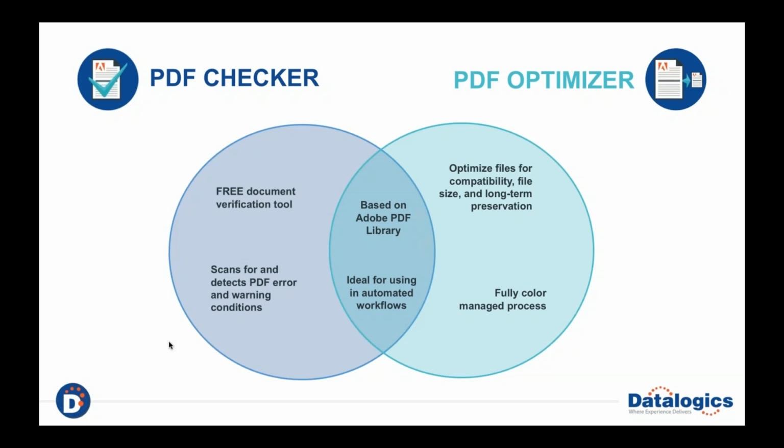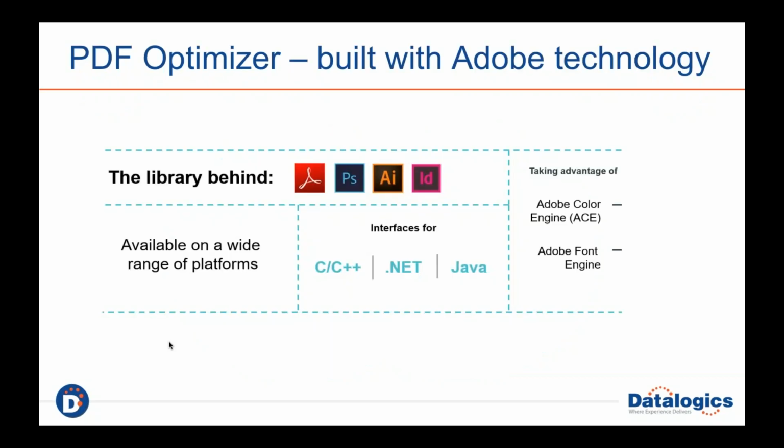So the idea here is that you would use Checker to find problems, and then you can drive PDF Optimizer to fix those problems. If you want more fine-grained control, you can use one of those JSON profiles to say, based on these characteristics, we'd like to drive optimization in a slightly different fashion, which is easy to do because of this nice crossover that we have between the products.